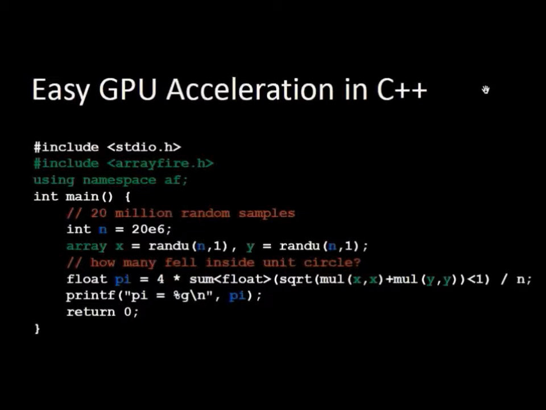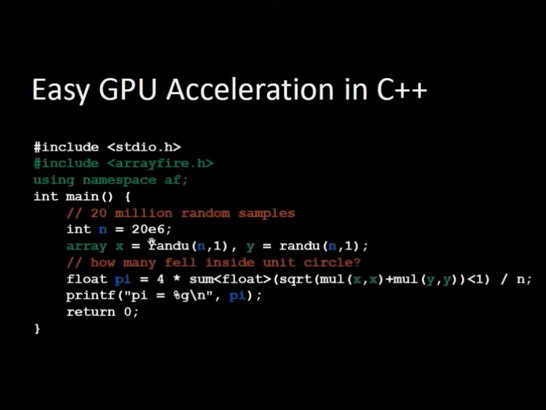And then any subsequent operation that you do with the array variables, X and Y, will be performed on the GPU using ArrayFire's runtime underneath the hood. So all you have to do is define new data types as this array class, and any subsequent functions that you run will run on the GPU.